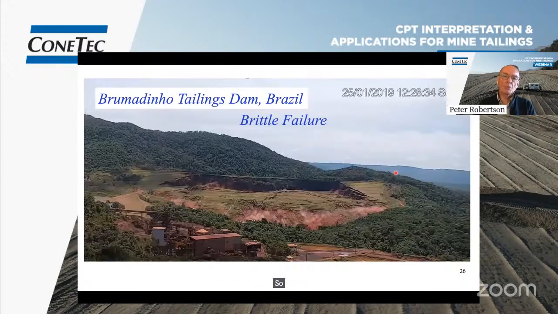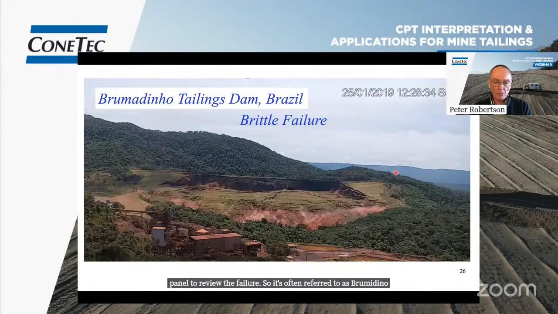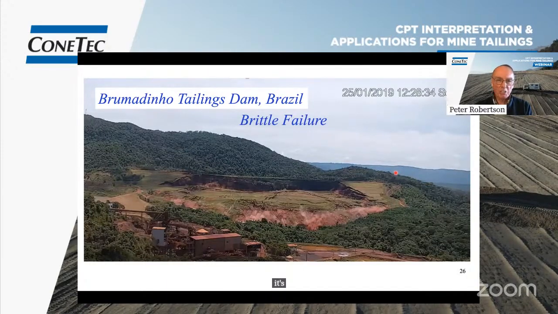So here's an image from that well-known tailings dam failure that I was involved in the panel to review. So it's often referred to as the Brumadinho failure. The actual dam was not called Brumadinho. It's eluding me, the Portuguese name, but it's often referred to as Brumadinho. And the big thing that came out of this, it was a brittle failure.